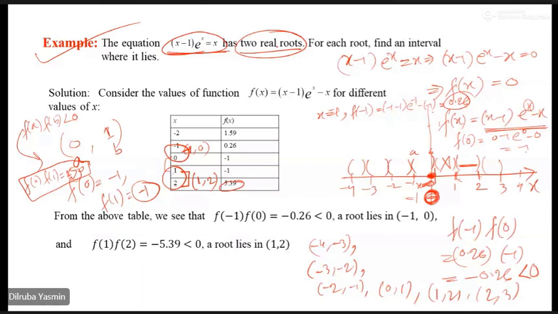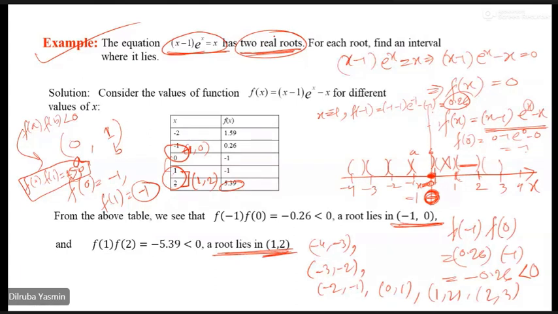Look here, this is one interval, this is another interval, and two real roots exist. One real root exists in this interval, another real root exists in this interval. So you get two real roots that exist in these intervals respectively.